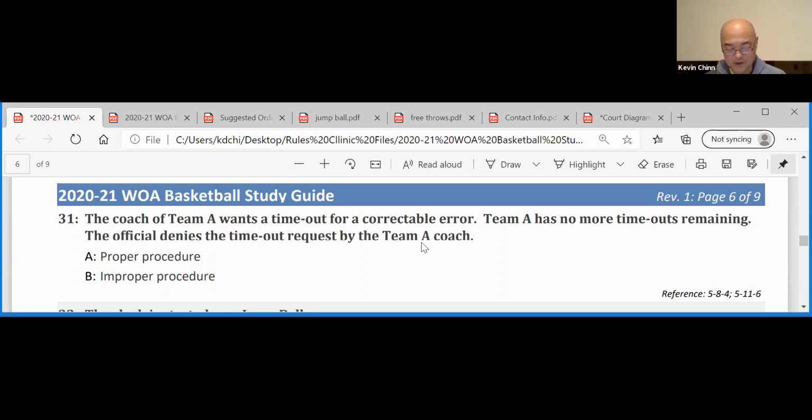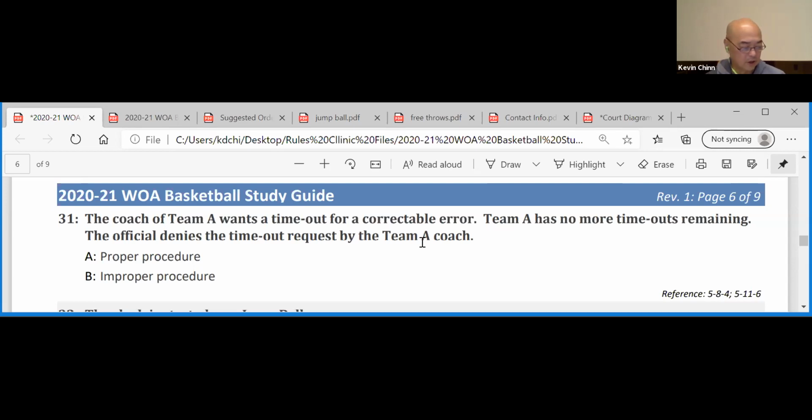You are almost correct in your logic. So if a coach has timeouts and they go to the table and they stop the game for a correctable error, if the coach is correct and you're within the correctable error time frame and you fix it, he is not charged with the timeout. We just play on. If he's incorrect, you charge him a timeout.